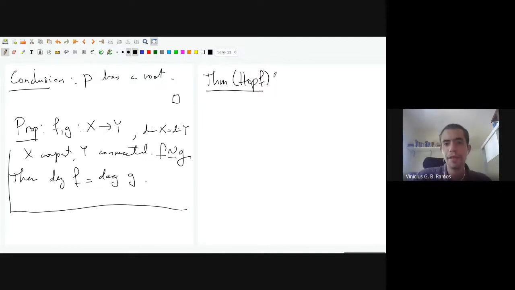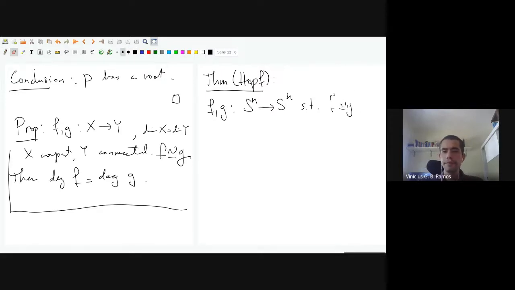So the Hopf theorem says the following thing. If f and g are maps from S^n to S^n, such that f is homotopic to g, no, sorry, I think that's enough. They just have to be maps from S^n to S^n.